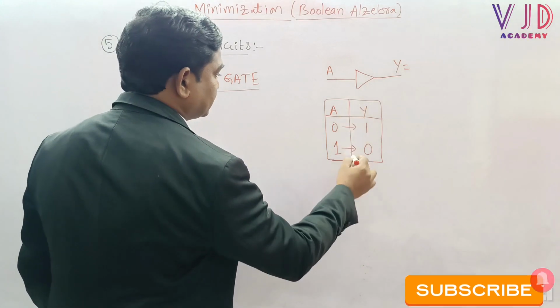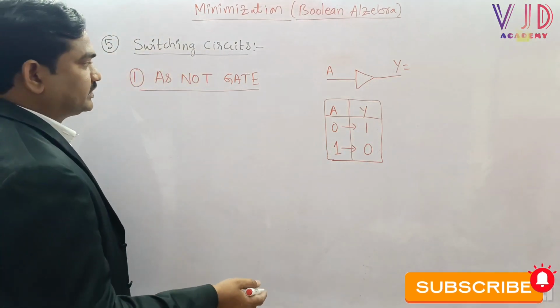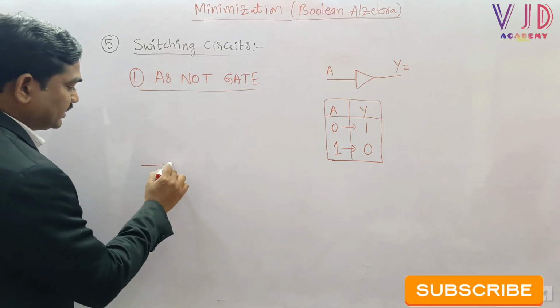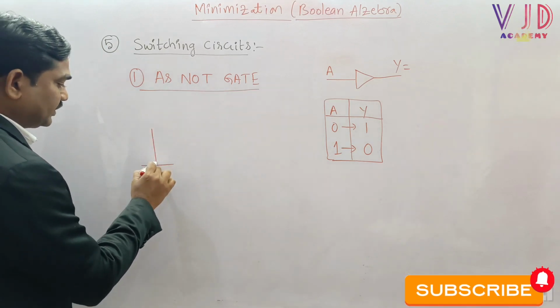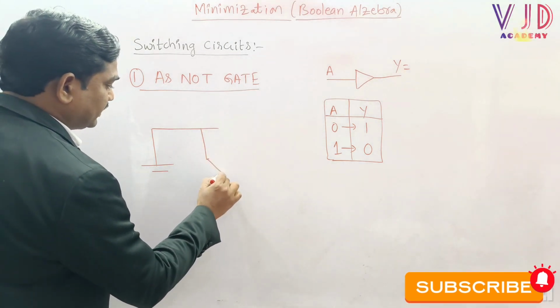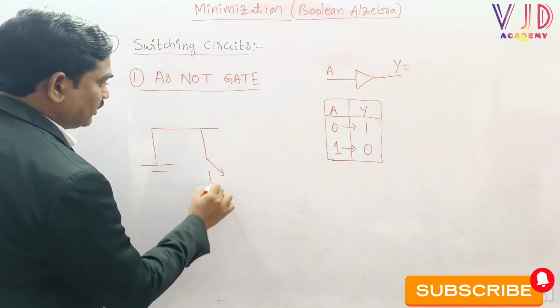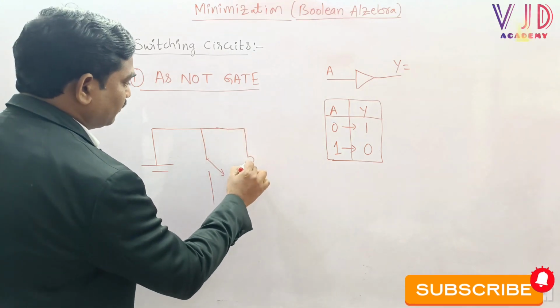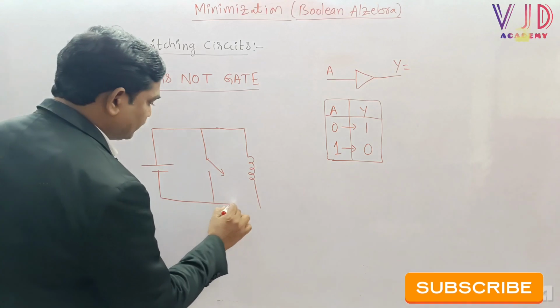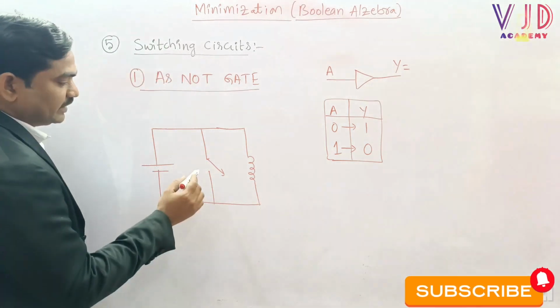Now let us try to understand how this NOT gate action is possible with the help of a switching circuit. Let me take one switch here, and now I want to connect one bulb, so that we will understand how this switch circuit is acting as a NOT gate.